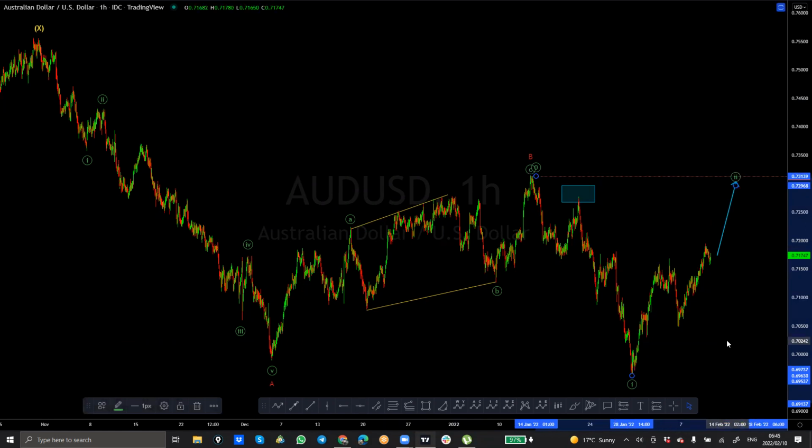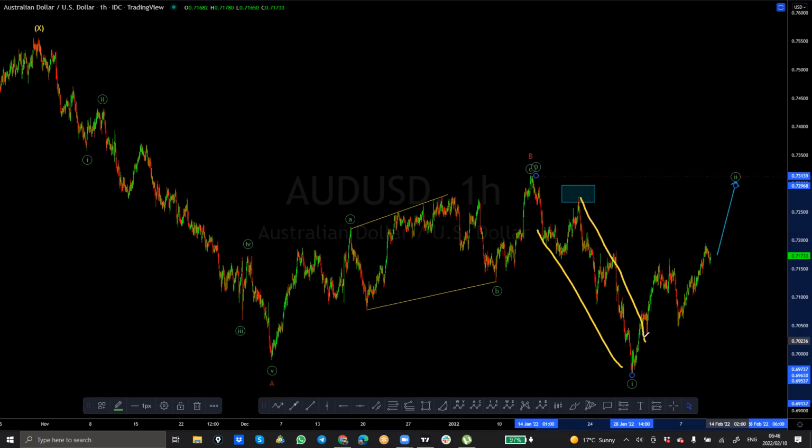Okay, and then if one looks from the peak of B there, we'll be having 1, 2, 3, 4, 5 waves, where 5 of 1 is the longest, longer than 3, longer than 1. But the most important thing is that 3 is longer than 1. So 3 is not the shortest. In terms of Elliott wave, if 3 is the shortest, that cannot be looked at as an impulse.